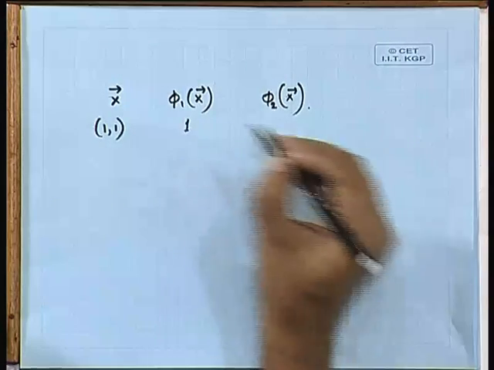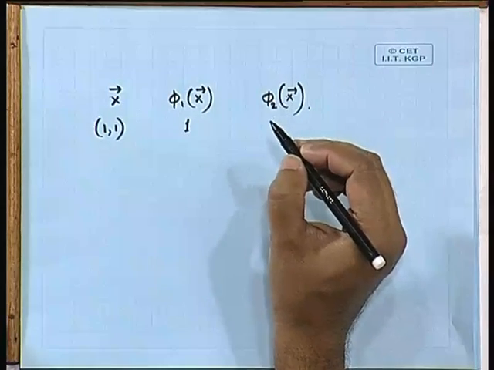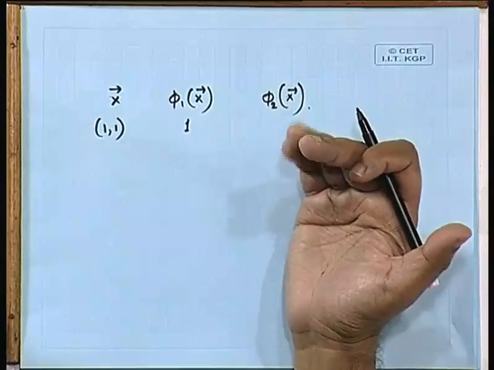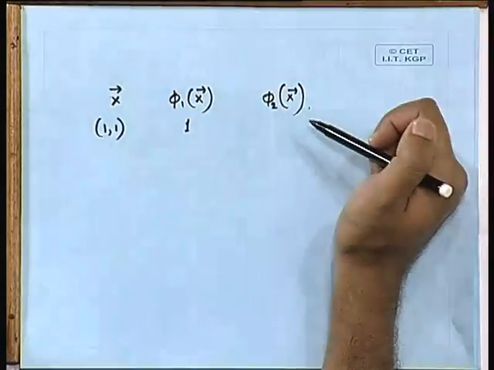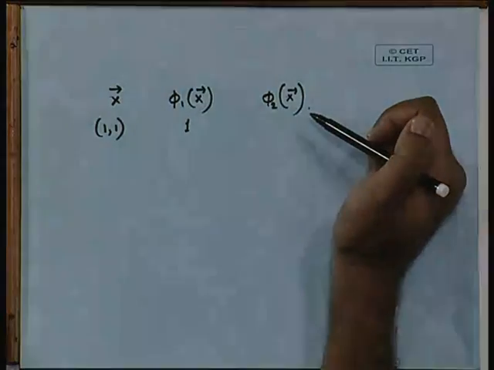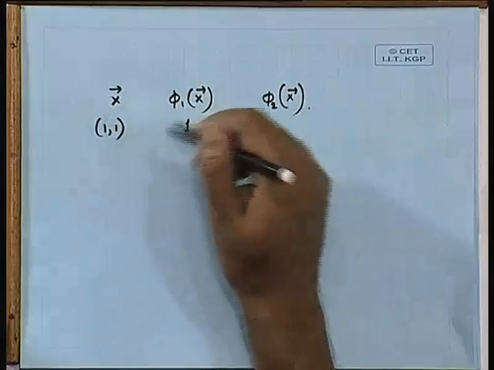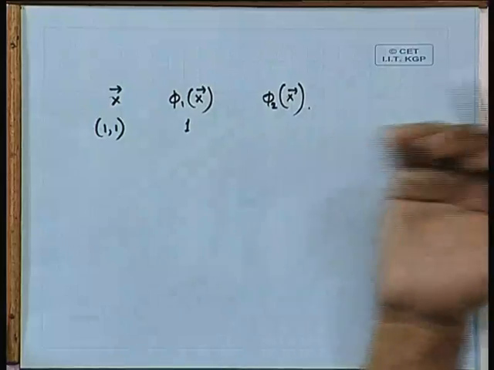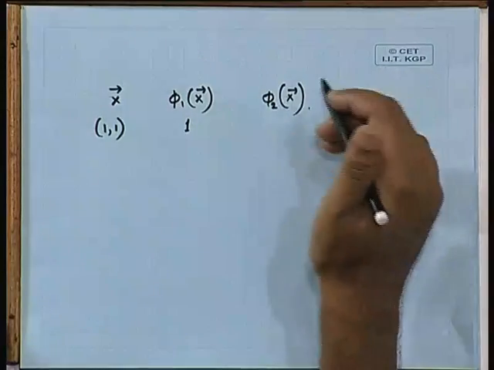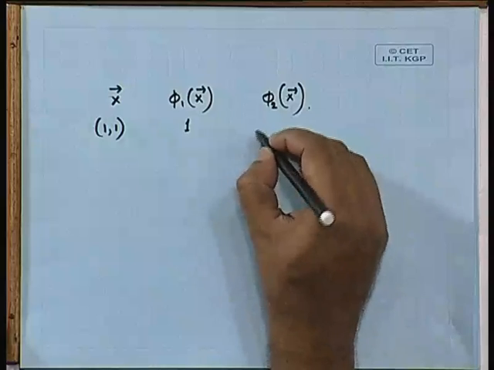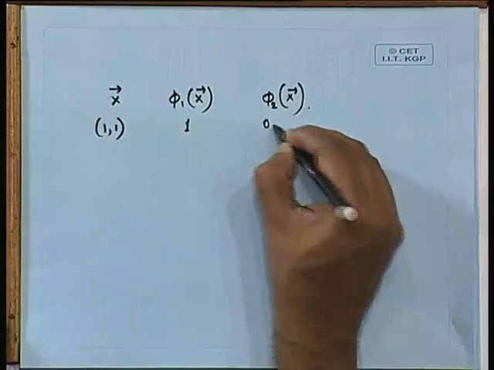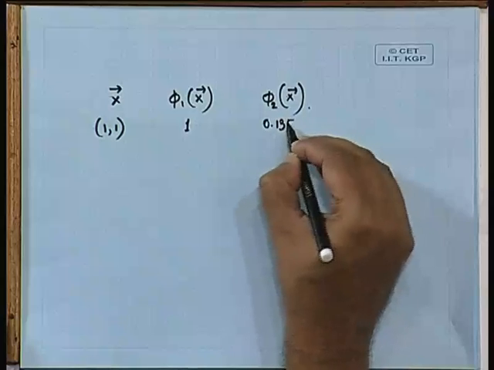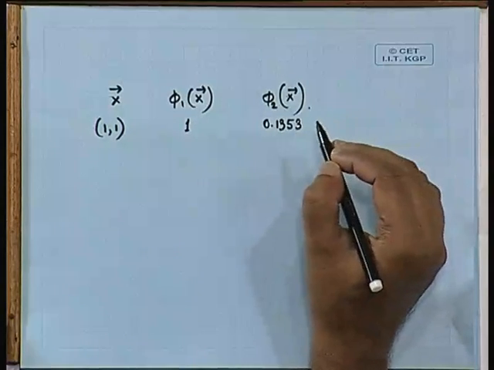And phi 2 will be a value other than 1, because x vector becomes equal to 1 1 and the center vector is 0 0. So, there will be some real value that is computed, and in fact, if one takes a calculator, it is possible to calculate that phi 2 x is equal to 0.1353.